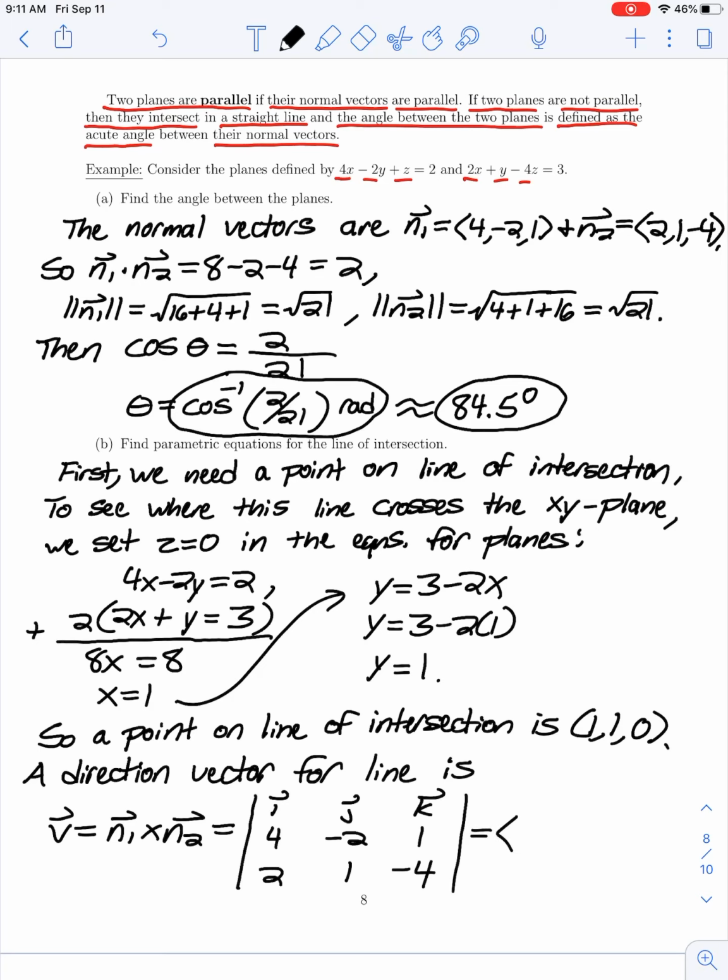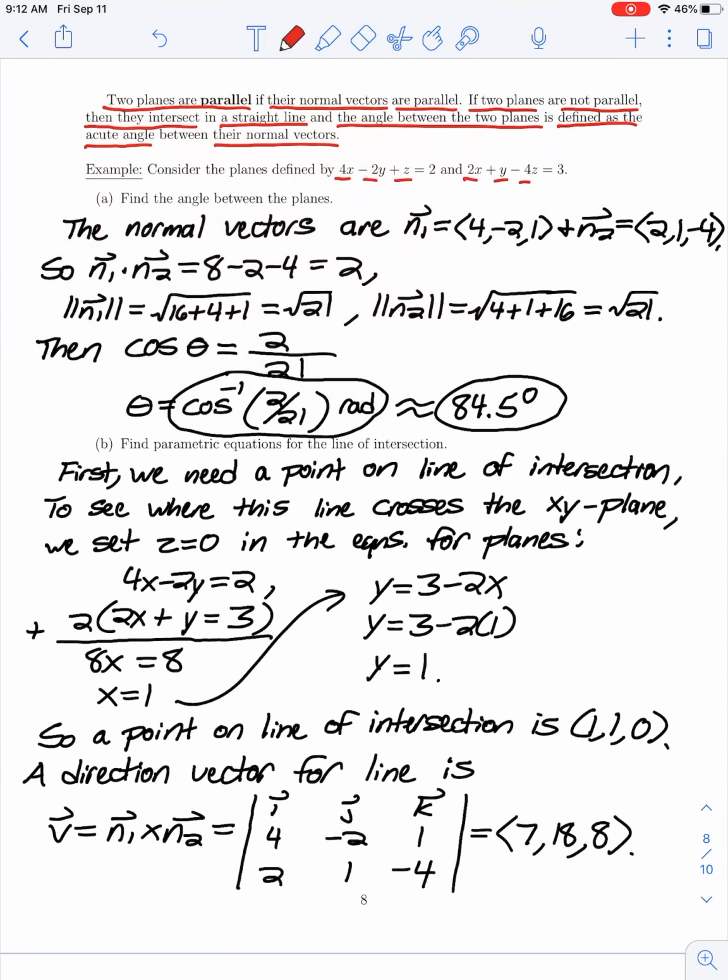For this cross product, our i component would be given by 8 minus 1, so 7. Our j component would be 2 minus a negative 16, or 2 plus 16, is 18. And then our k component would be 4 minus negative 4, which leaves us with 8.